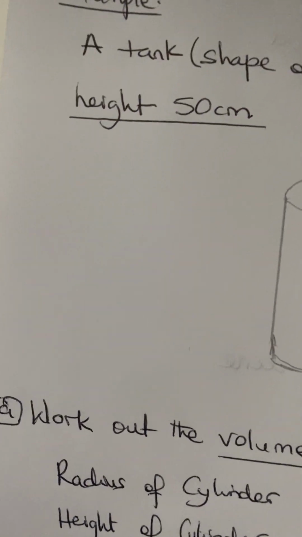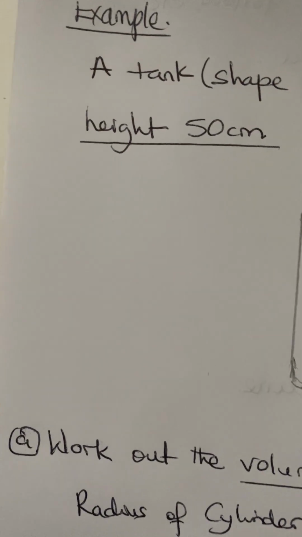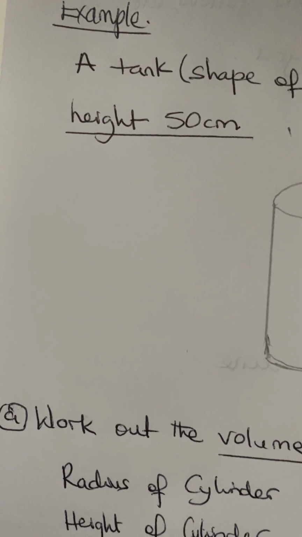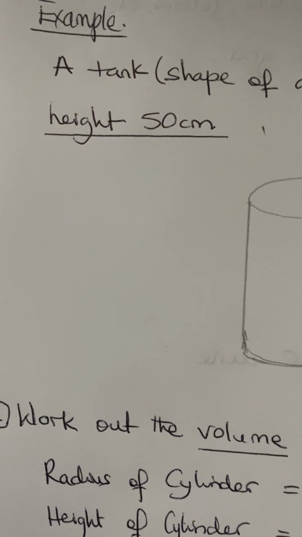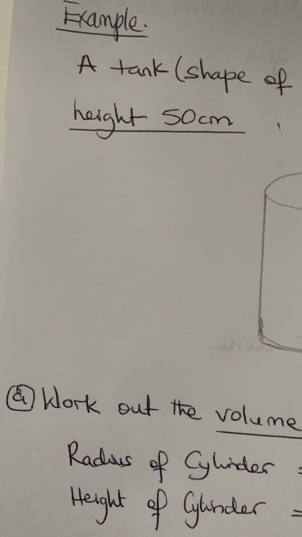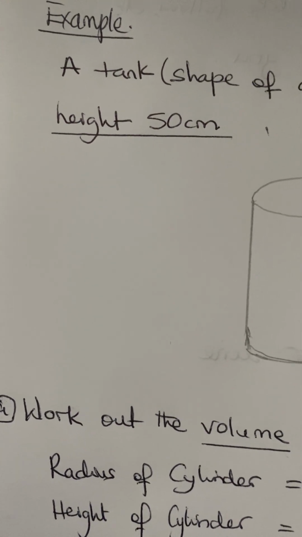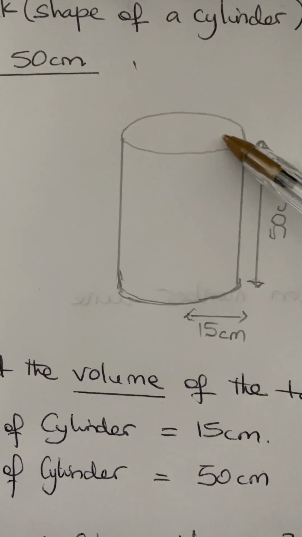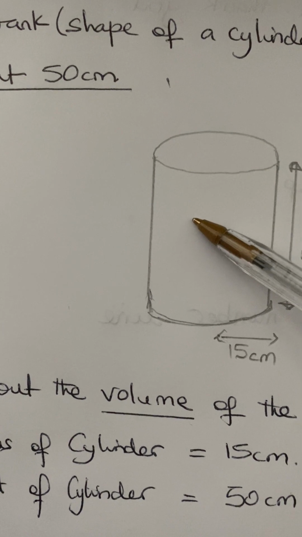Today the starter question has to do with the cylinder. So that is our example, and it's a calculator paper, a higher paper, so you can use your calculator in both instances. A tank shaped as a cylinder, so this is my cylinder.